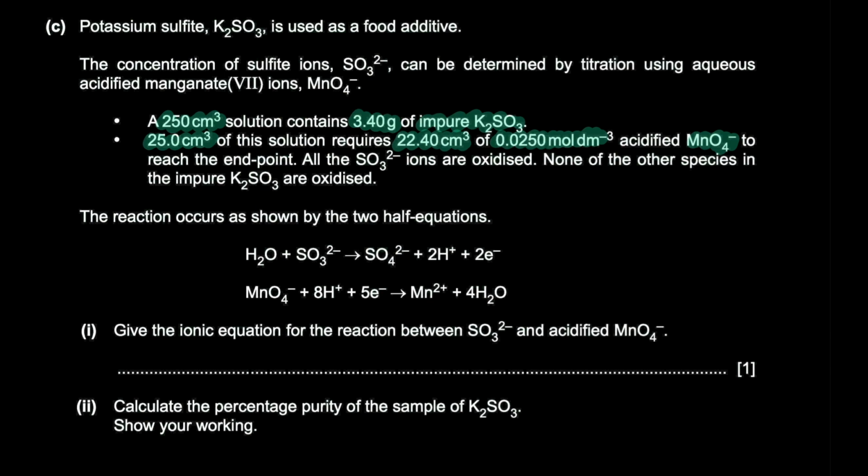All the sulfite ions are oxidized. None of the other species in the impure potassium sulfite are oxidized. The reaction occurs as shown by the two half equations. Give the ionic equation for the reaction with sulfite ions and acidified manganate 7.